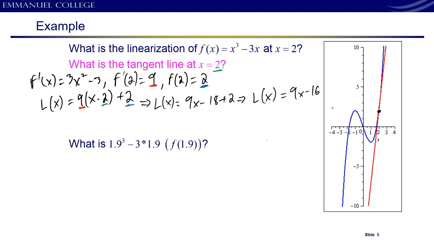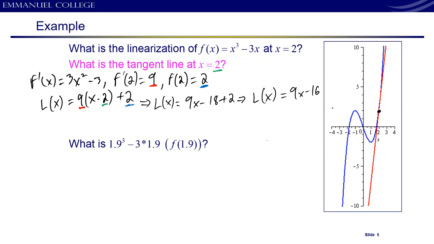So now this is one example. So what's 1.9 cubed minus 3 times 1.9? Basically, I'm asking what is f of 1.9? Now, 1.9 cubed, can we do that? Yeah. Do I want to do that?